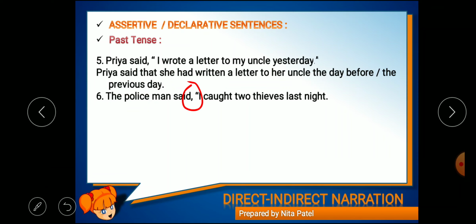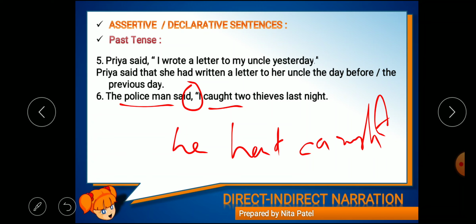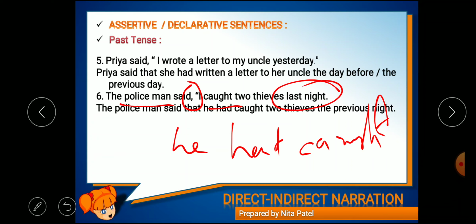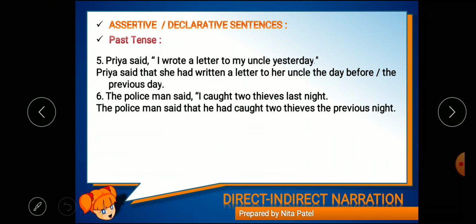I will convert according to the subject. Who is the subject? The policeman. He. Caught is the past, so had caught 2 thieves. Last night will convert into previous night. So the policeman said that he had caught 2 thieves the previous night. I hope you notice the changes, that he had caught the previous night. So these are the changes that we have made.